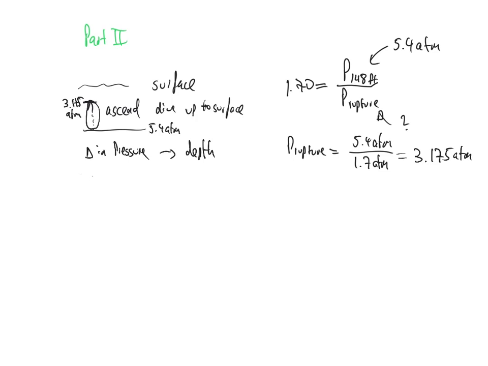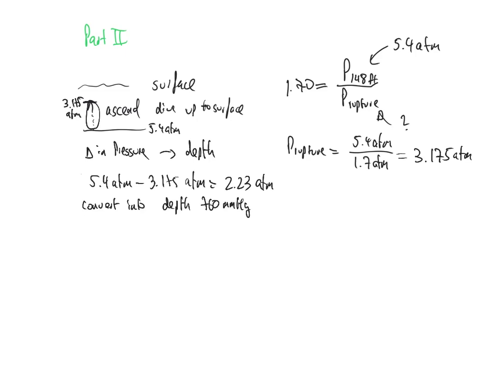Now the difference in pressure is 5.4 atm minus 3.175 atm, which is about 2.23 atm difference. Now convert this into depth if we use this factor of 760 mmHg. Well, 2.23 times 760 is equal to 1691 millimeters in Hg.